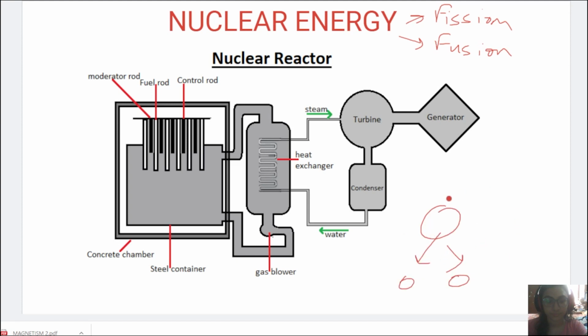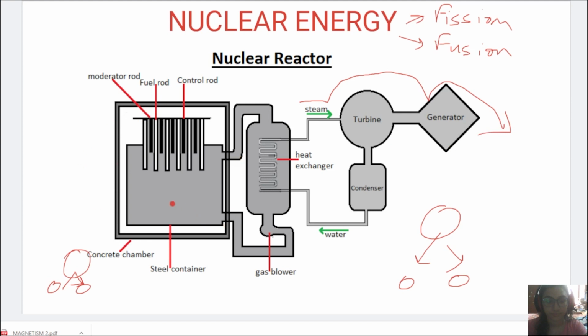This creates a huge amount of energy. And fusion means two atoms fusing to form one molecule. Both fission and fusion produce a huge amount of energy that is harnessed in a nuclear reactor, and again through the same concept, a steam turbine and generator produce electricity.